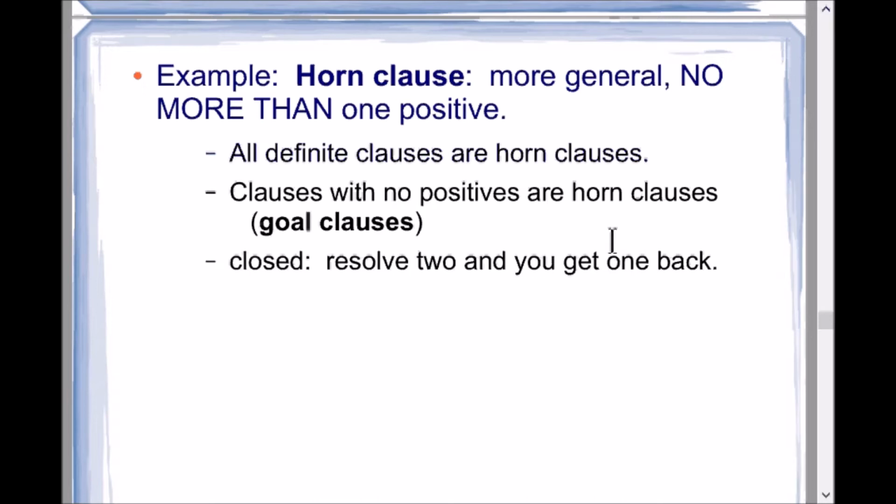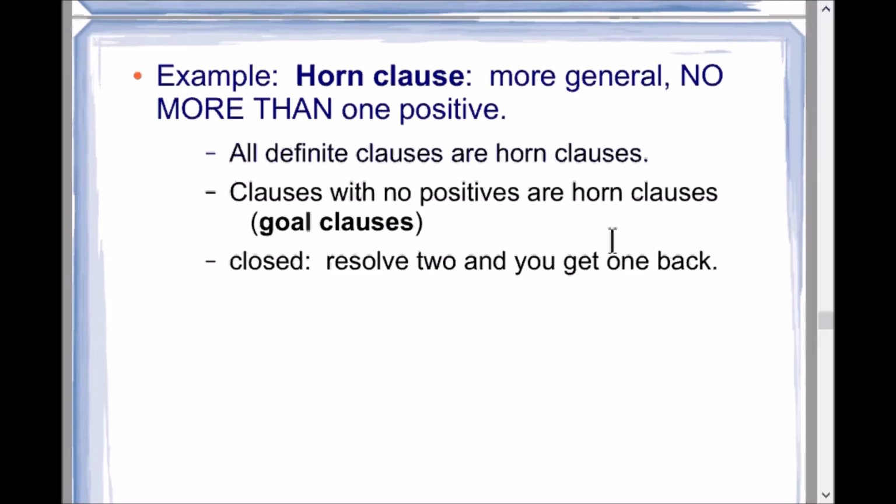Say you have a disjunction of three literals, two of them negative and one of them positive. That's a horn clause too. What this means is that all definite clauses are horn clauses, but not all horn clauses are definite clauses, because a horn clause can have one positive and the rest negative, which is also a definite clause. So all definite clauses are horn clauses.